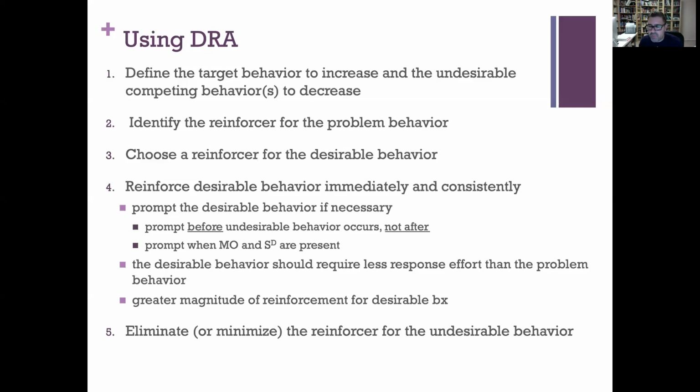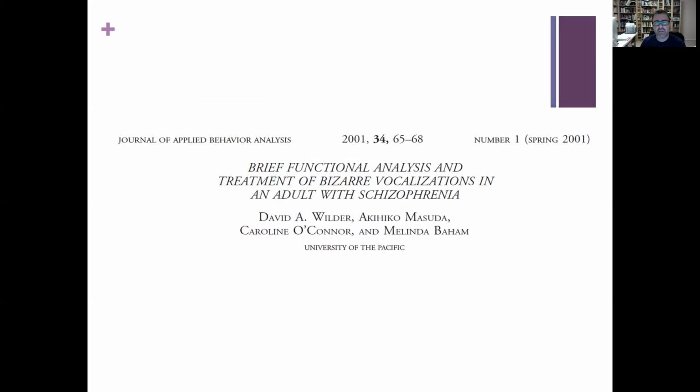Appropriate behavior has to be easier. Problem behavior has to be harder, right? So therefore, the choice will be to engage in the appropriate behavior. And of course, later on, you want to thin the schedule, right? Later on, you want to use intermittent reinforcement for the appropriate behavior, but not in the beginning. In the beginning, reinforcement has to be very dense. There has to be a lot of reinforcement there.